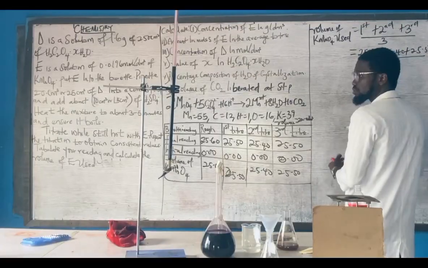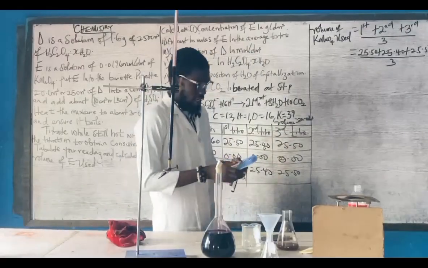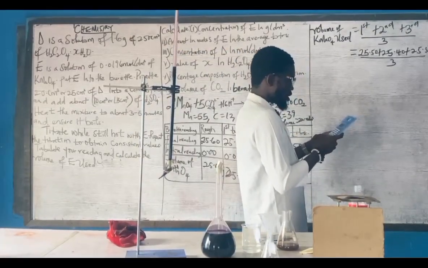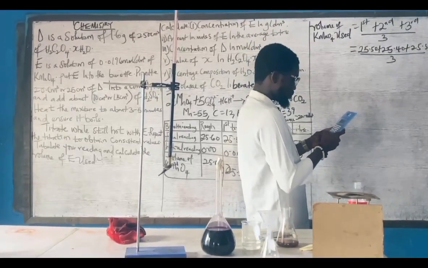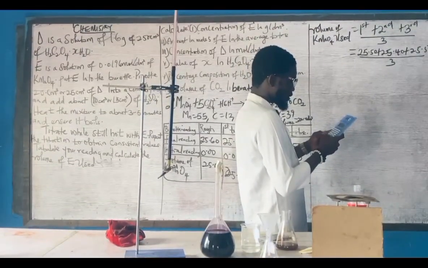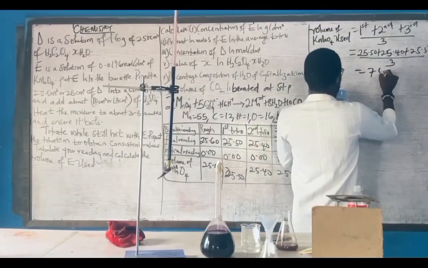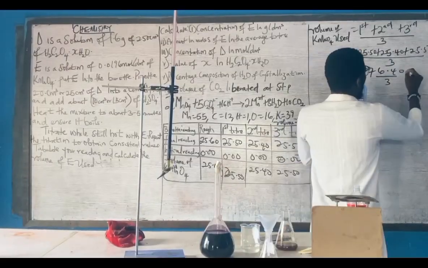Please, your values must be consistent. So in that case, we can easily say the sum is 76.40, divided by 3.